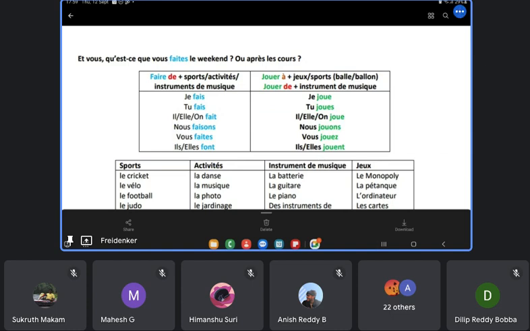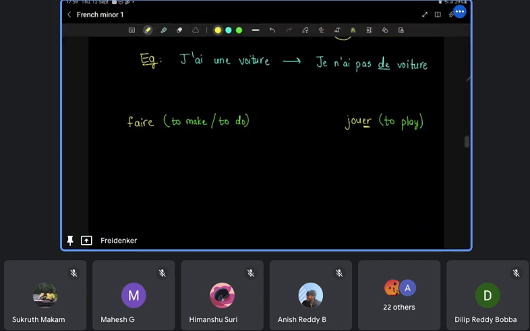Let me write it here. If I want to say I play a game or I'm playing a musical instrument, we are going to learn two new ways of writing it. One is using faire de. You add a de here. It has no meaning, but you add it there.